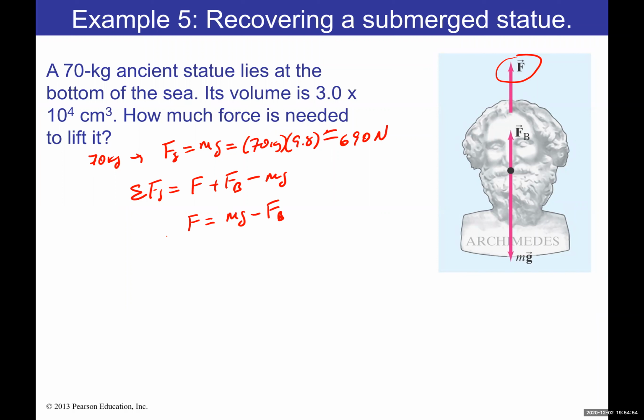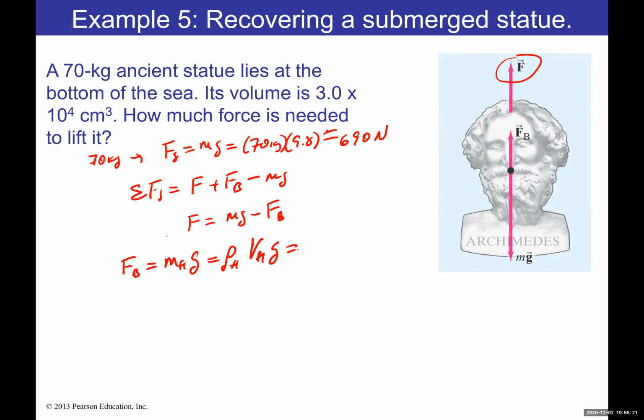So all right, we got the mg, which is 690 newtons. Next we'll need to find the buoyant force. The buoyant force is equal to the weight of that displaced fluid, which is the mass of the fluid times g. But we can replace the mass with the density of the fluid times the volume of the fluid times g.